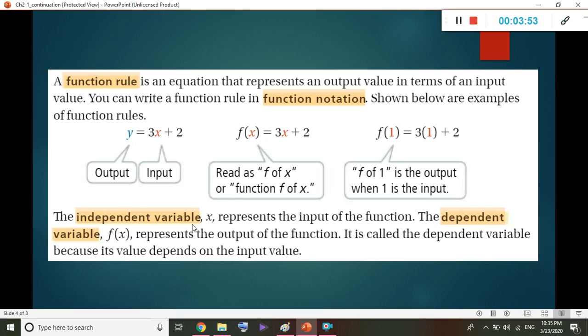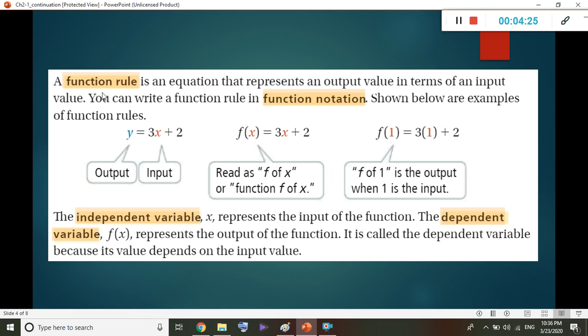The independent variable x represents the input of the function, and the dependent variable f of x represents the output of the function. It is called the dependent variable because its value depends on the input value, the value of x in this equation.